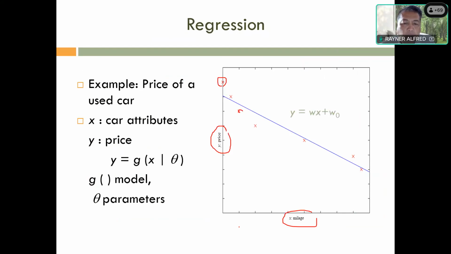The lower the mileage, the higher the price. This is the formula derived from the line. Depending on the value of the mileage, you will get the price. So this is a sample of supervised learning. We will learn about regression more.